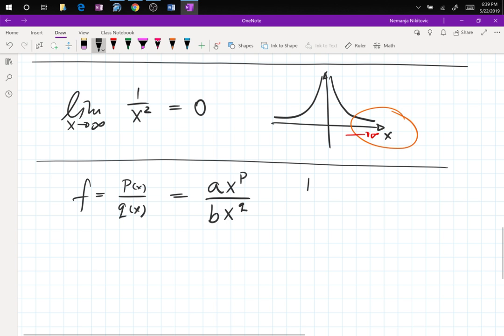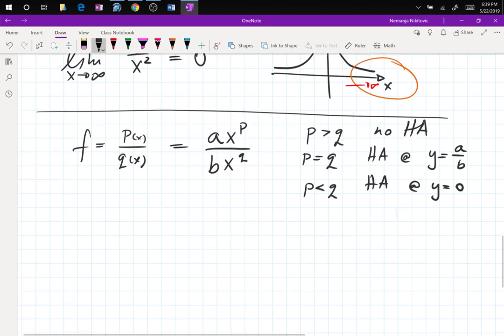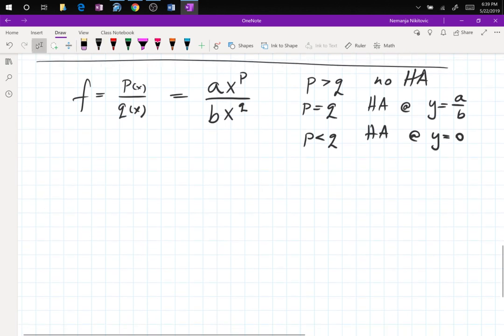If P is larger than Q, no horizontal asymptote. If P is equal to Q, horizontal asymptote at y equals a over b. And if P is smaller than Q, so Q is larger on the bottom, the horizontal asymptote is at 0. So this is what you learned in your pre-calculus course, and obviously requires memorization and annoyance and all of that stuff.